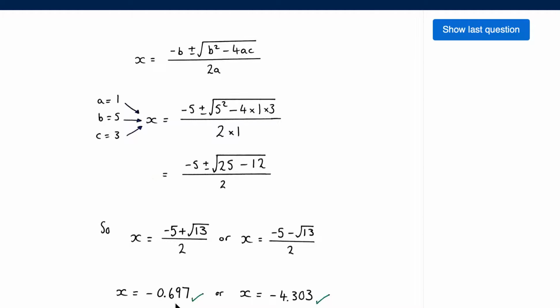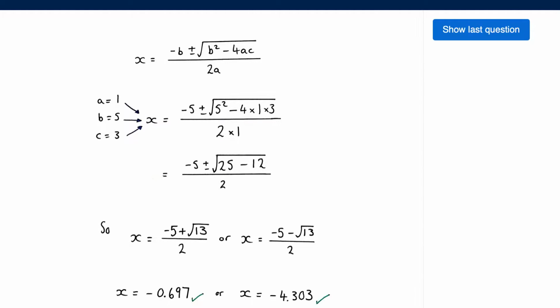Note that on some calculators you might also need to press the S to D button after pressing equals to bring up the decimal. If we do the same thing with the second solution, minus 5 minus root 13 over 2, pop that into your calculator, you should get x equals minus 4.303, correct to 3 decimal places.